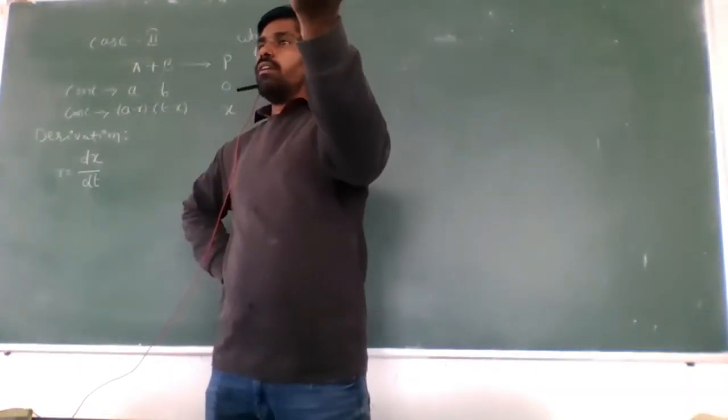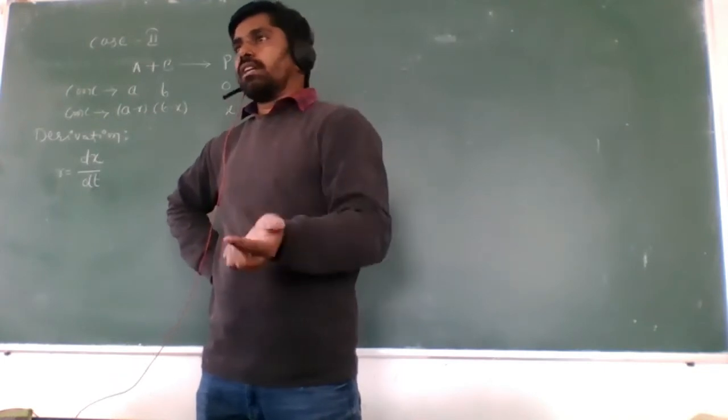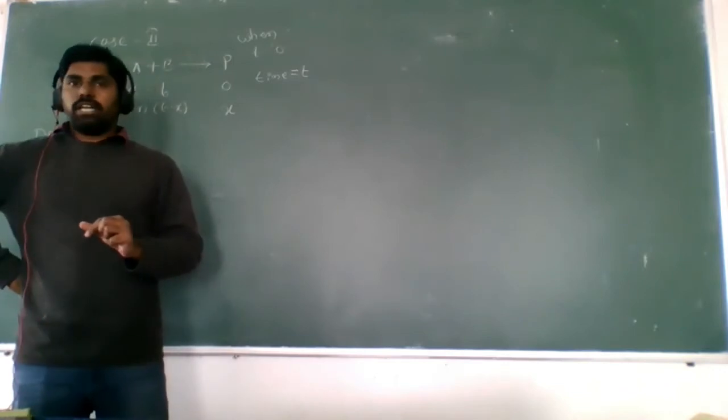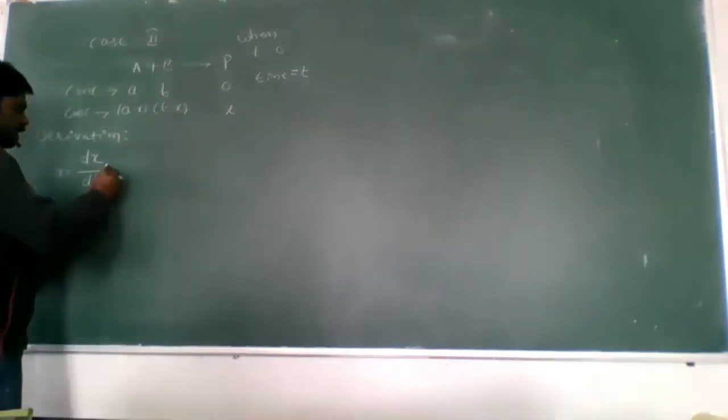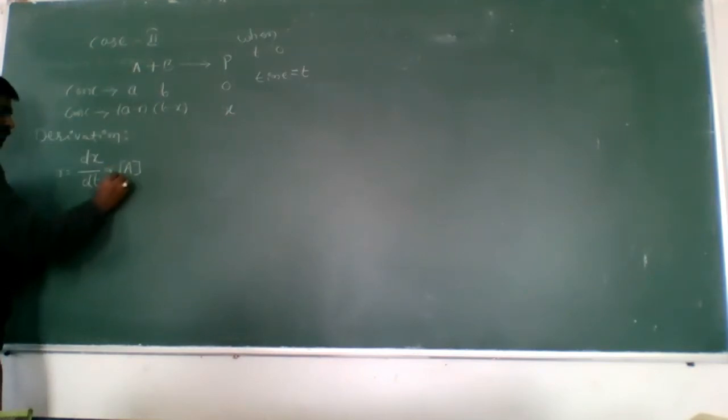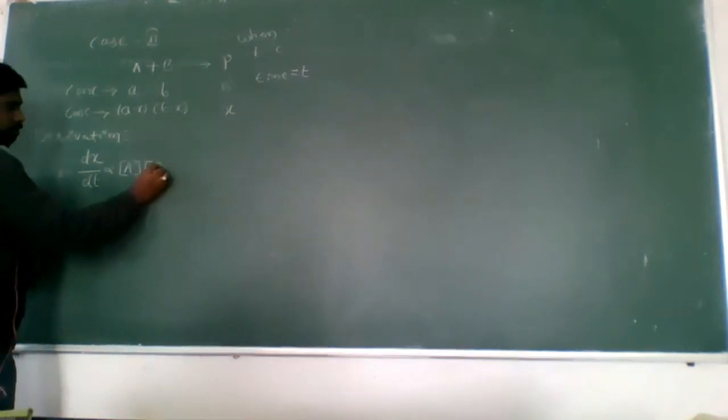The increase in the concentration of a product or decrease in the concentration of a reactant, that is what we call the rate of reaction. So it is directly proportional to the concentration of A and the concentration of B.